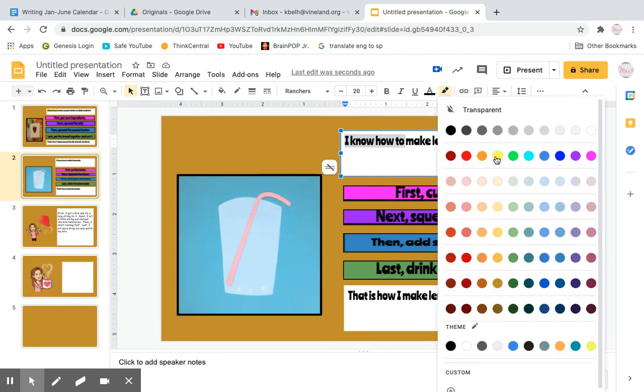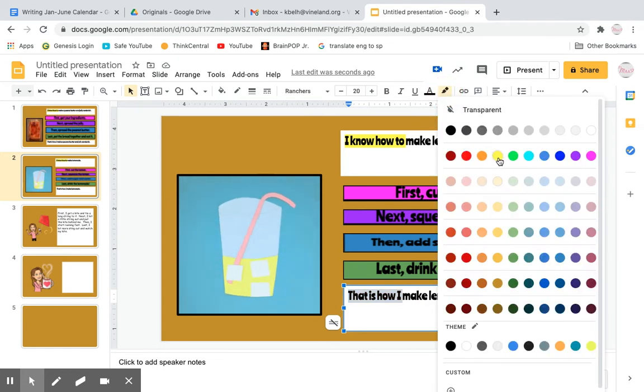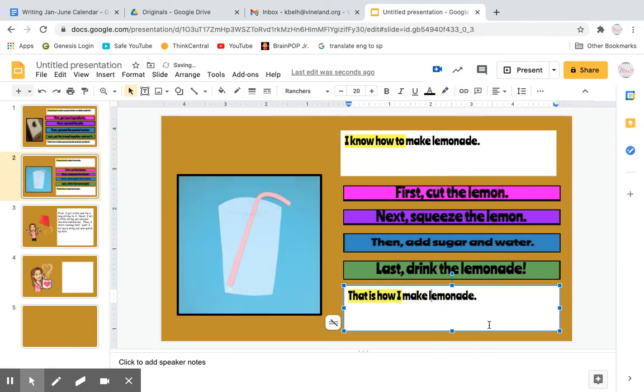Each time I go with, I know how to, and I tell them what it is that I know how to do or how to make. And then my closing sentence, I tell them, that is how I either make something or how I do something. That is how I make lemonade.